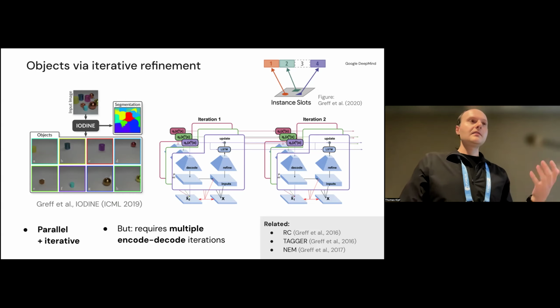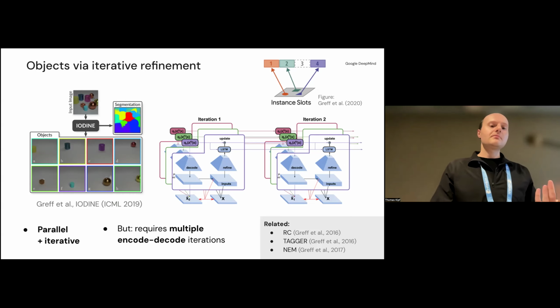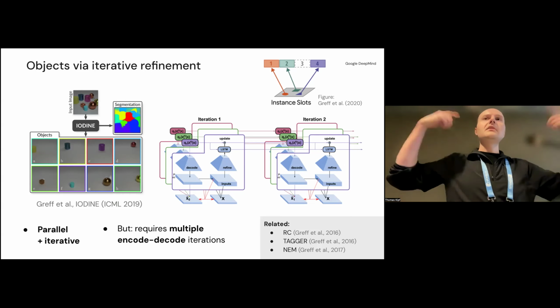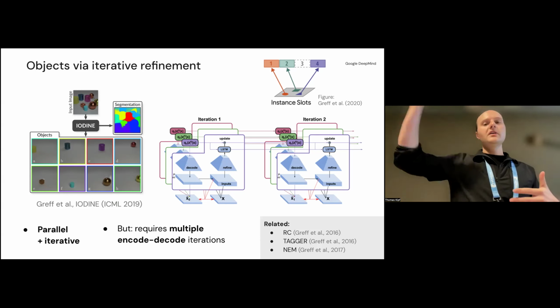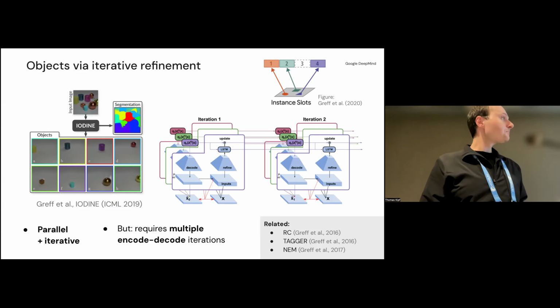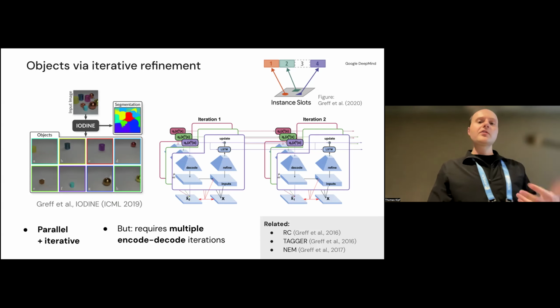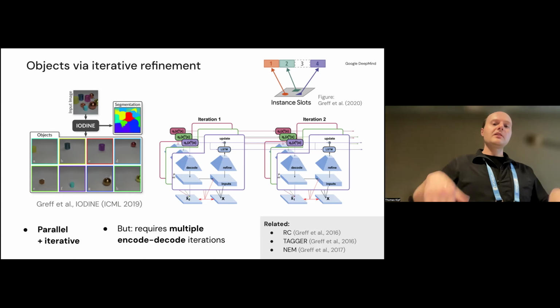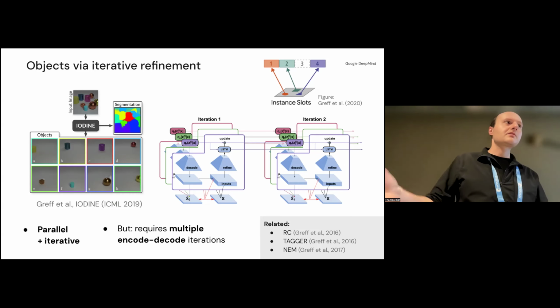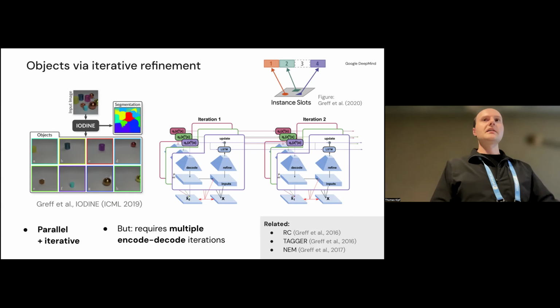In set-based approaches, this typically has to be done via iterative refinement. You need to start with some kind of initial guess, and you iteratively update it, either via recurrent updates or via multiple transformer layers. In IODINE, this was done not using attention mechanisms, but using a feedback mechanism where you encode and then decode back into pixel space, compute some gradients, and keep on updating.